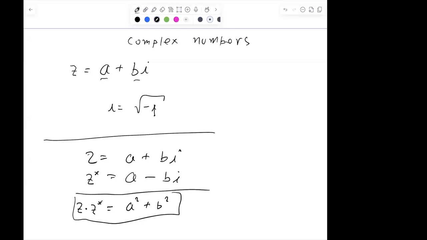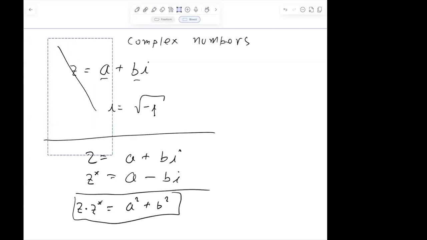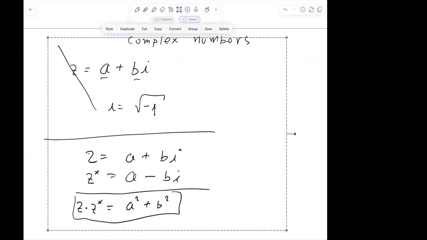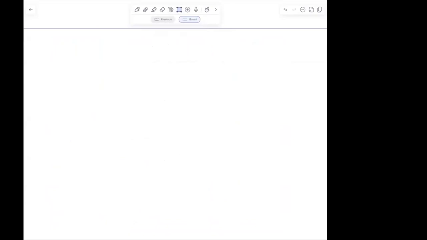Just as an example, let's say we have a number like Z equals 5 minus 4i.